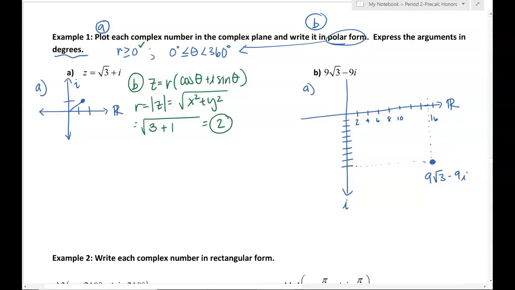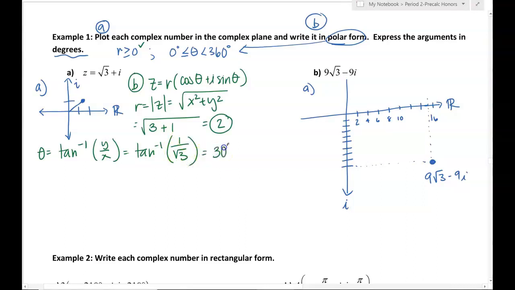Then we need to find theta. Theta is the formula tangent inverse of y divided by x. Now remember, if it's in quad 2 and quad 3, then we have to go and add a pi, or in this case, 180. But because it's in quad 1, we don't have to worry about it. So tangent inverse of, again, your y value is 1, so 1 divided by rad 3, which is an angle that we do know perfectly.